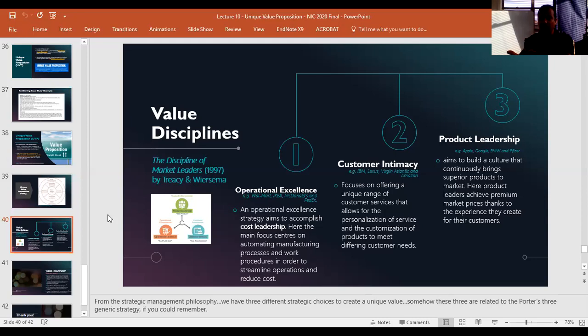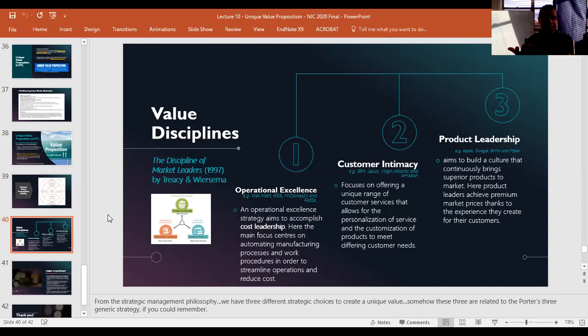So that is product leadership. Through that process also, you are adding value to the customer. So operational excellence, customer intimacy, and product leadership are the different disciplines for value creation. That is from the book, The Discipline of Market Leaders by Treacy and Wiersema.